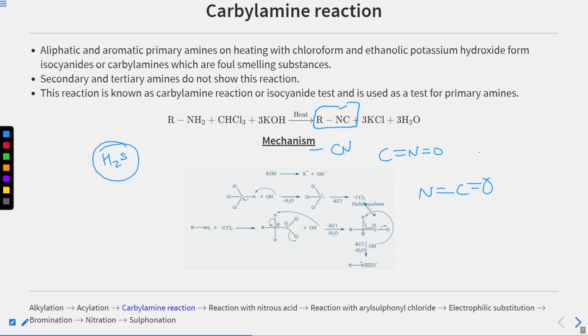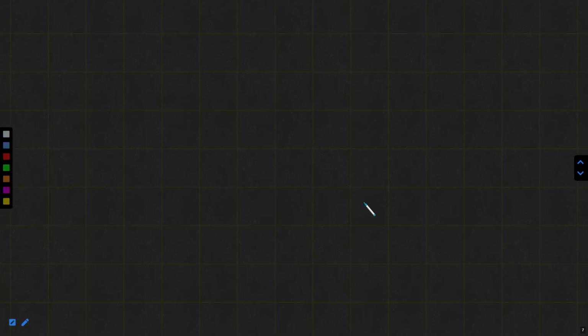Now how will this reaction go? First of all, let us look at the mechanism here. So we have CHCl3. A similar mechanism is also followed for the substrate that will be formed. The carbene formation method is the same as the Reimer-Tiemann reaction.